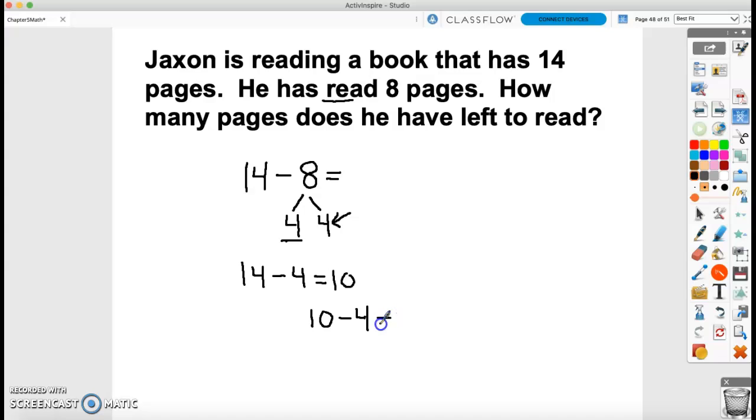And 10 minus 4, I'm going to say 10 and count back. 10, 9, 8, 7, 6. So 6 is my answer. So how many pages does he have left to read? He has 6 pages left.